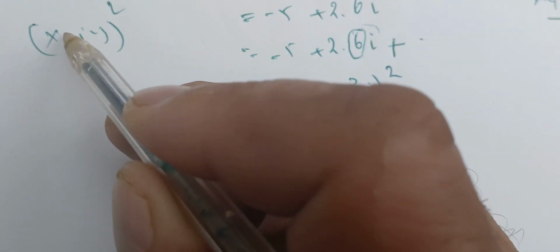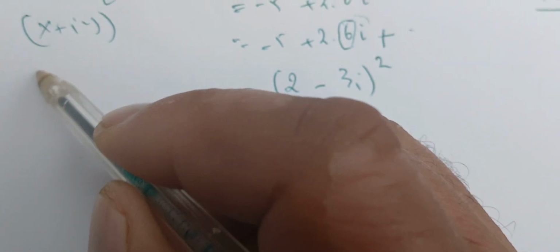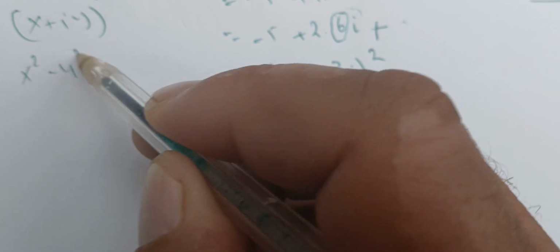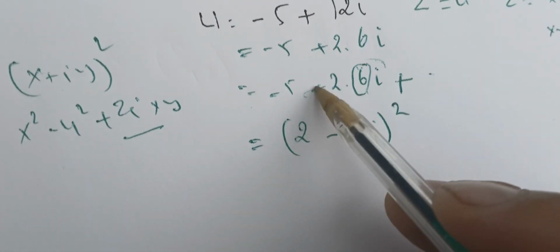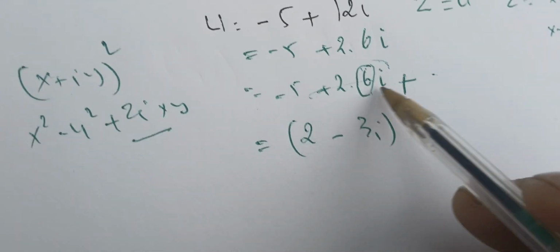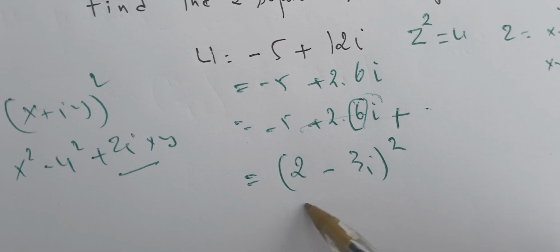It's coming from x plus iy squared, which is going to be x squared minus y squared plus 2ixy. We can profit from that, as we complete the square in the real numbers, but we are not going to proceed.